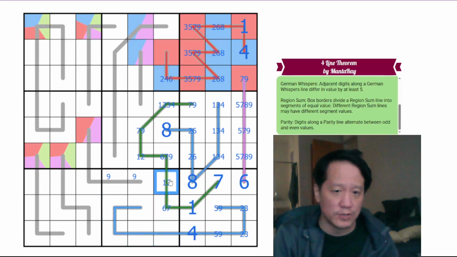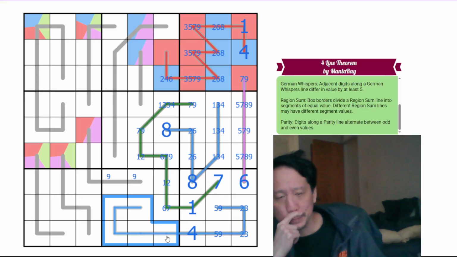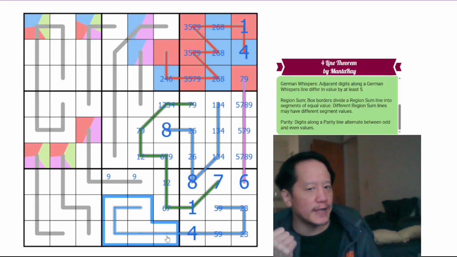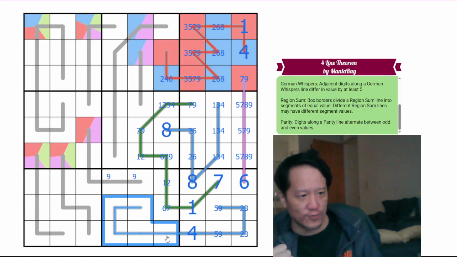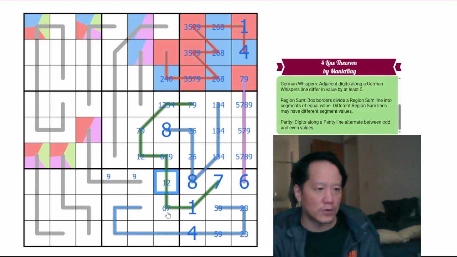This could be 6 and 1. We are guaranteed an 8 here with the other 6 or 7. So if we have 8 and 6, which is the least, 14, you could have 1 here.